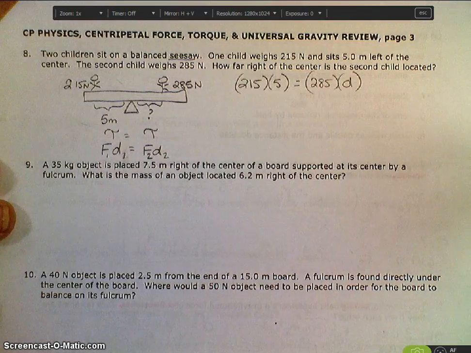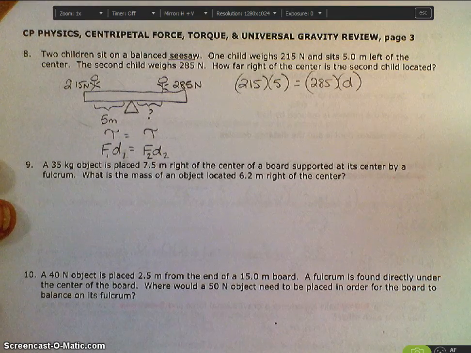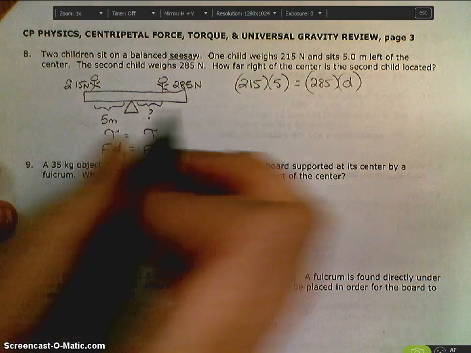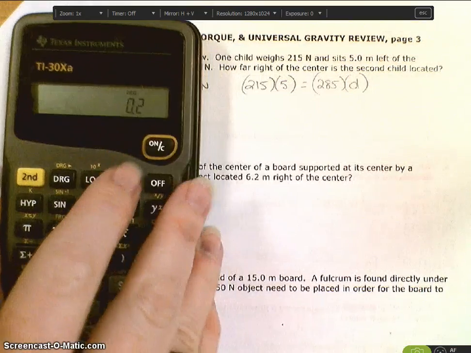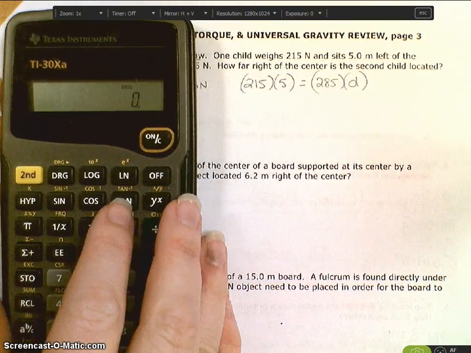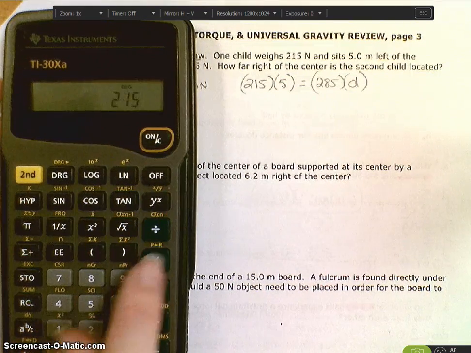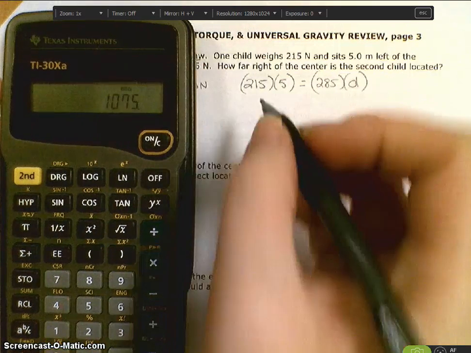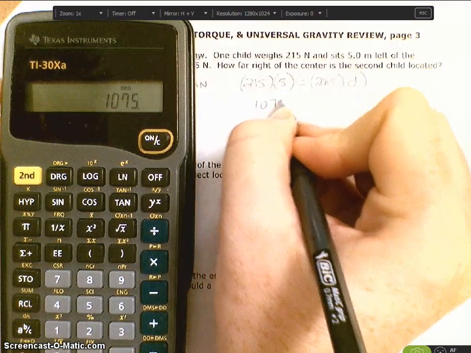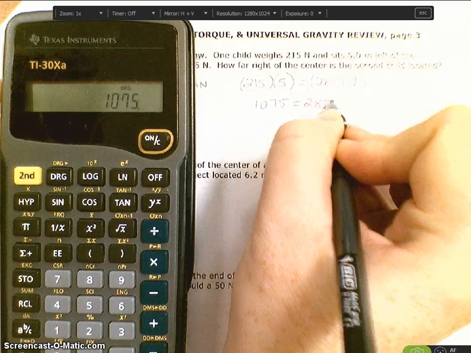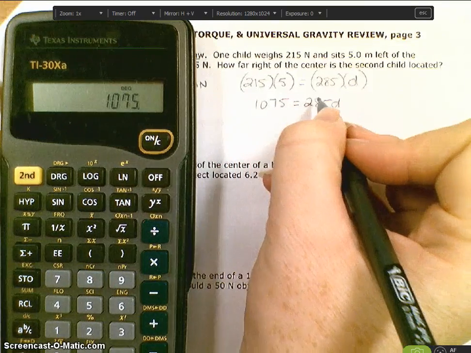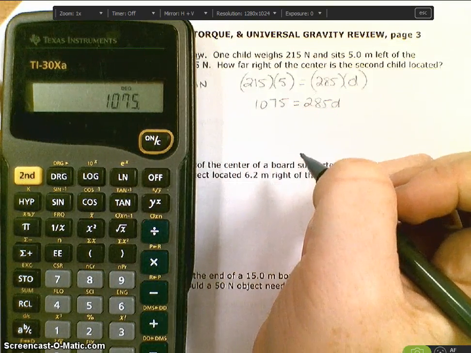But there's my unknown. So just like I would do with any problem, I can start out by rewriting the equation or simply multiplying out what I've got. It's the same steps. I'm going to put 215 times 5 into my calculator, and I get 1075, and that equals 285 times D. If you see it like this, maybe it's easier to find out what to do next.